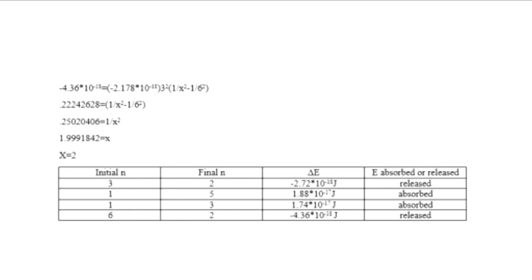We must then take the square root of 0.25020406 in order to get x equals 1.9991842, x being an approximate 2, meaning that the final subshell for this problem is 2. We then know that the energy is released because we are going from a higher energy level, 6, to a lower energy level, 2, and because our energy output is negative.